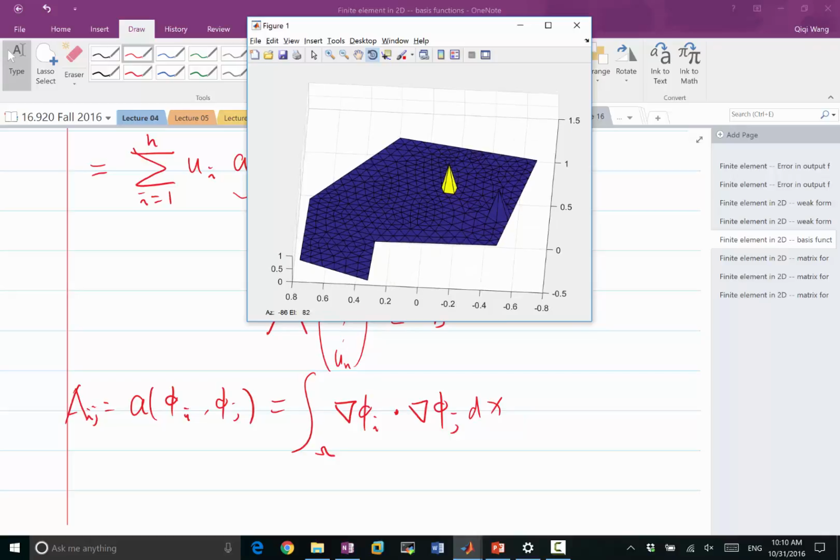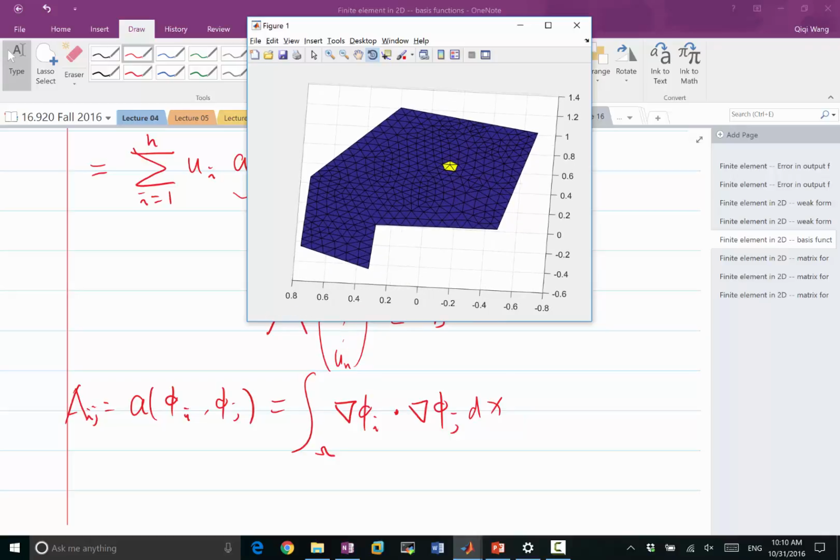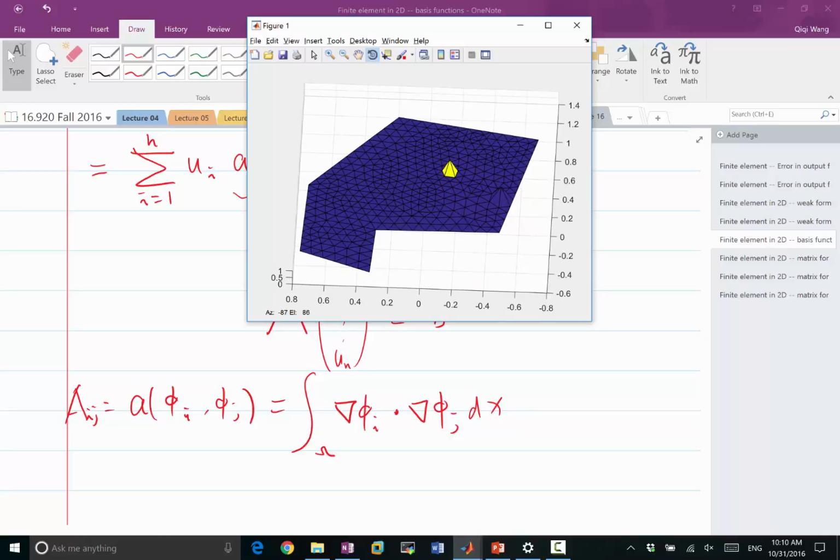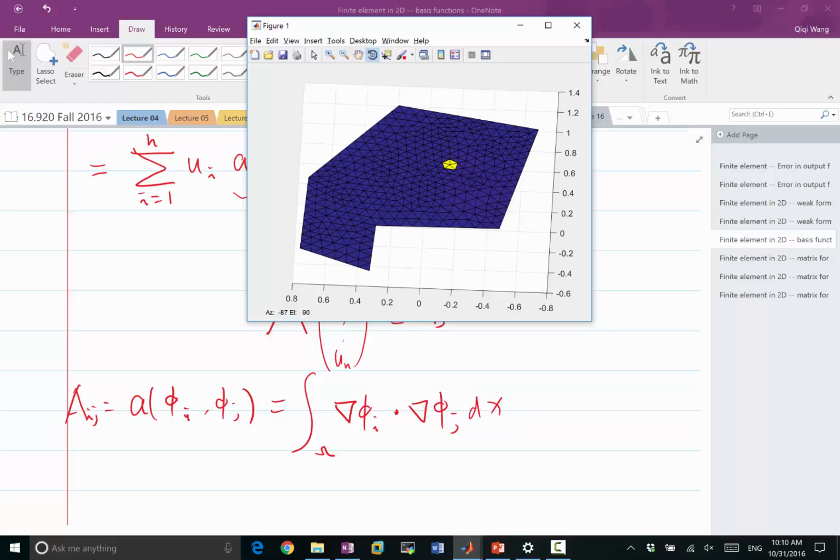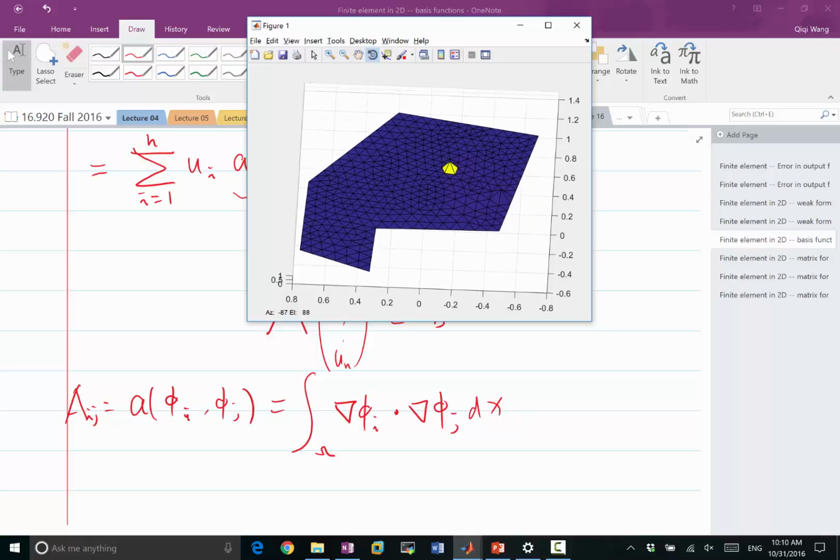So for example, the yellow one is only non-zero in 1, 2, 3, 4, 5 elements, 5 of these triangles. The blue one is less clear, maybe 6. Yeah, the blue one I think is 6, but each one is only going to be non-zero in the triangles that share that particular point.